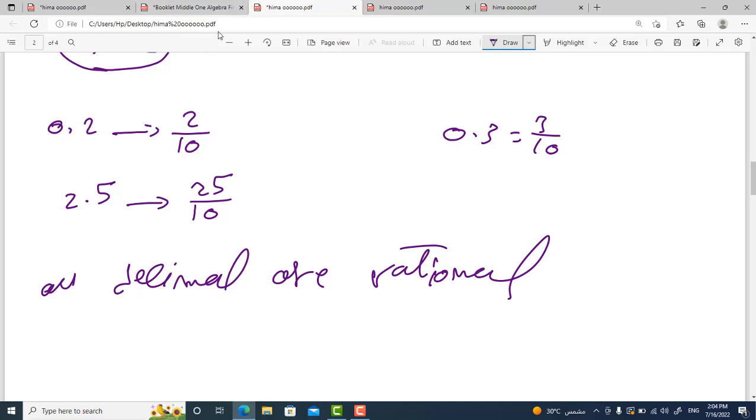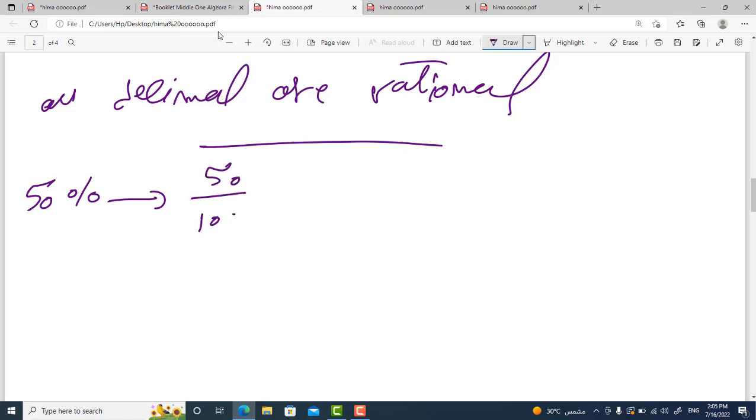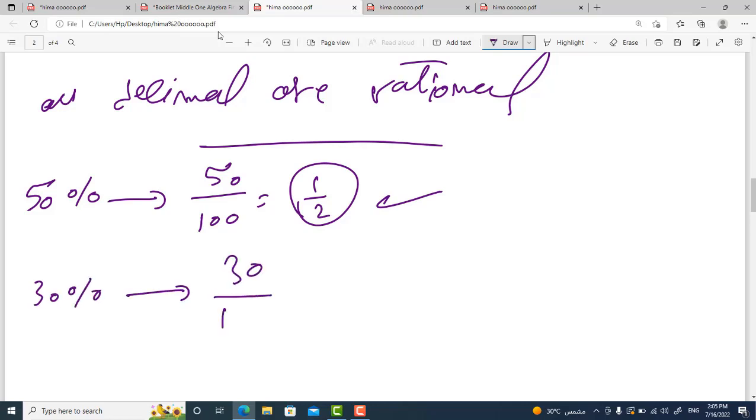And all percents. We have here 50%. 50%, I can write it as 50 over 100, from Junior 6. After simplifying, 1 over 2. A over b, so this is a rational number. 30%, I can write it as 30 over 100, so 3 over 10.